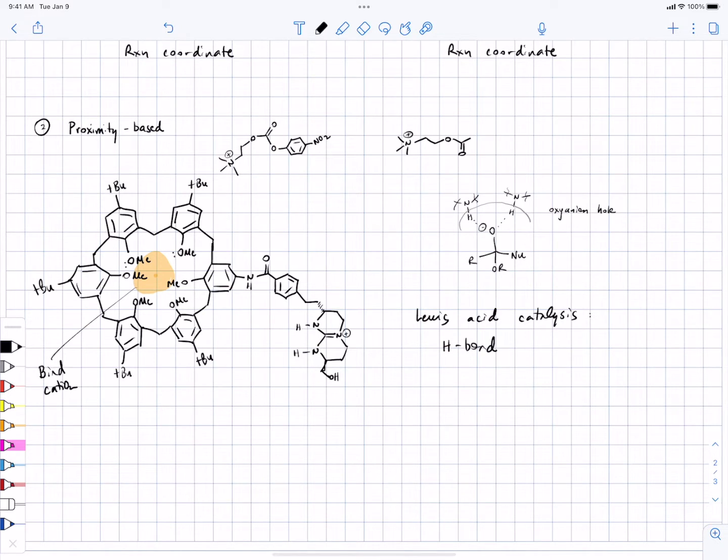Remember, a Lewis acid is an electron acceptor. What's accepting the electrons? The Lewis acid is hydrogen bonding with the carbonyl oxygen that becomes negatively charged in the transition state. Okay, questions about that?